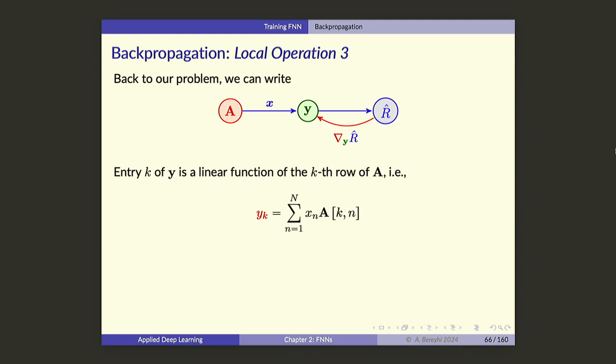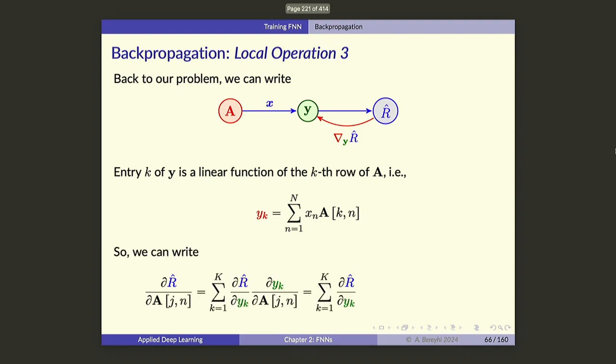So this is the same product. The only difference is that now I am just looking at A, and I'm going to calculate the partial derivative with respect to the entries of A. Okay? Now, if you go ahead and do those calculations, I have put this here for you. You start by calculating the partial derivative with respect to one particular entry inside your matrix.